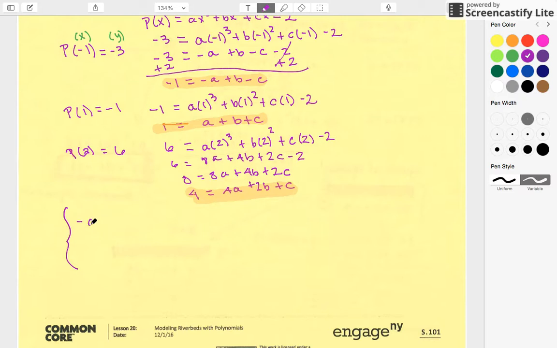So we have -a plus b minus c equals -1. And then I have a plus b plus c equals 1. And then I have 4a plus 2b plus c equals 4.